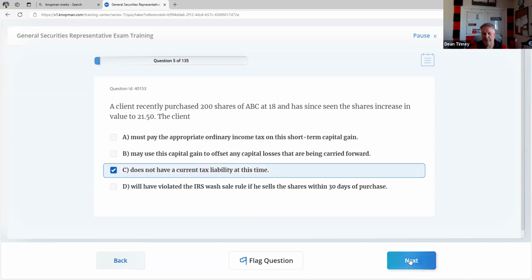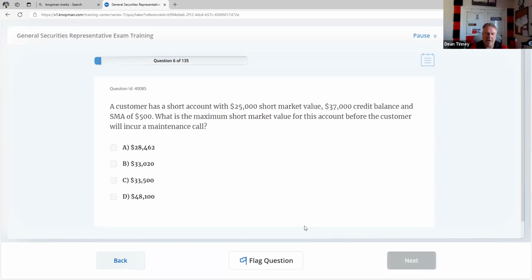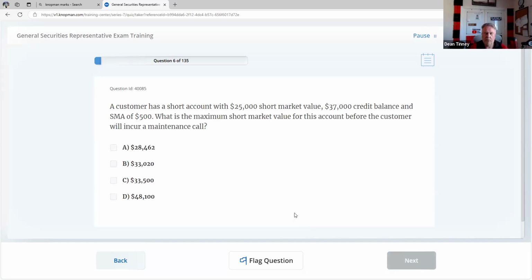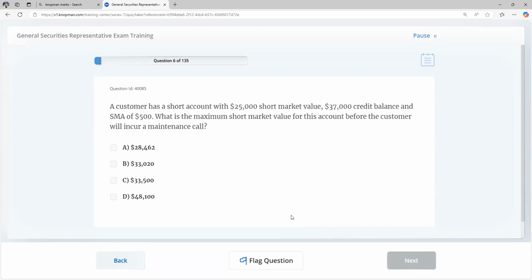A customer has a short account with 25,000 short market value and 37,000 credit balance, an SMA of 500. What is the maximum short market value before the customer will incur a maintenance call? I just need to start doing the math on this really quickly. Short account with 25,000 and a credit balance.